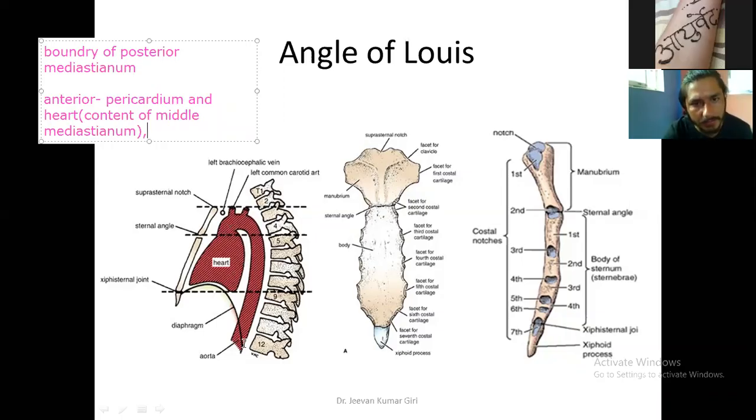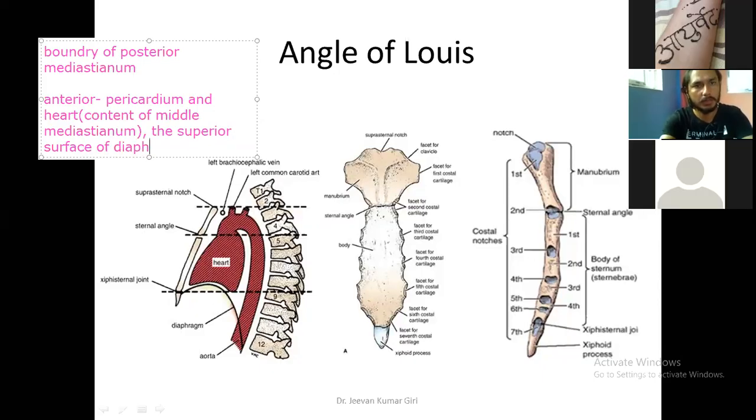That also forms the anterior boundary, from here to here. So the pericardium and heart, and also the superior surface or dome of the diaphragm, form the anterior boundary of the posterior mediastinum. So pericardium and heart in the upper part, in the lower part the dome of the diaphragm forms the anterior boundary.